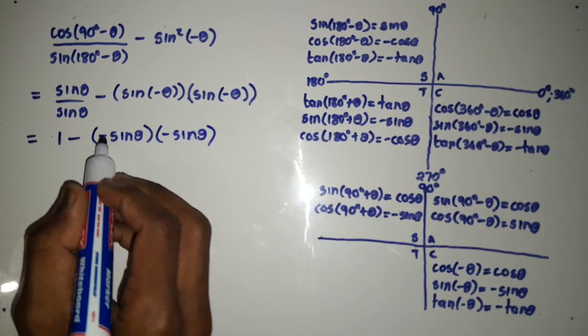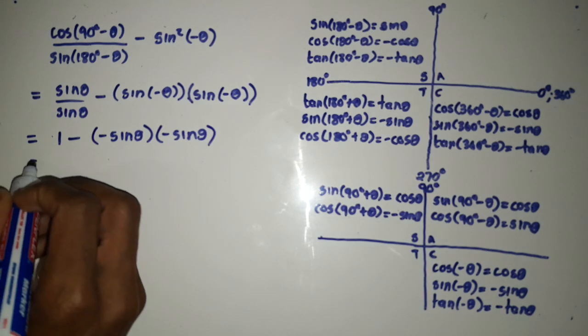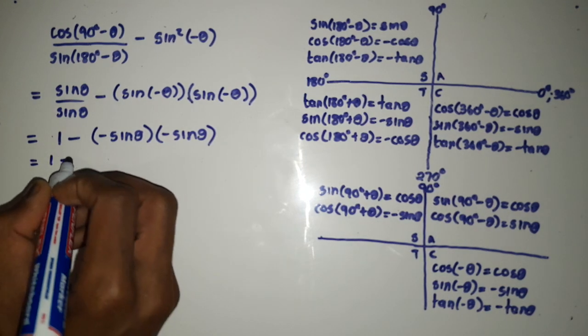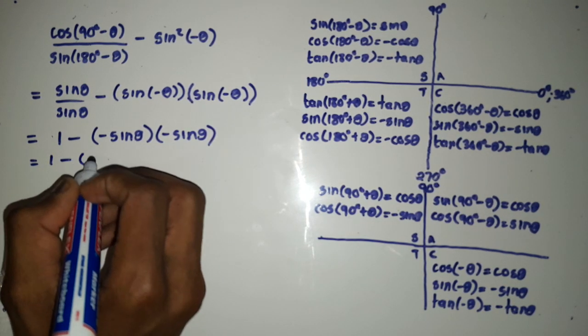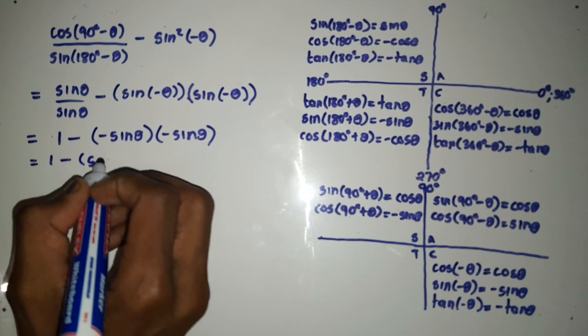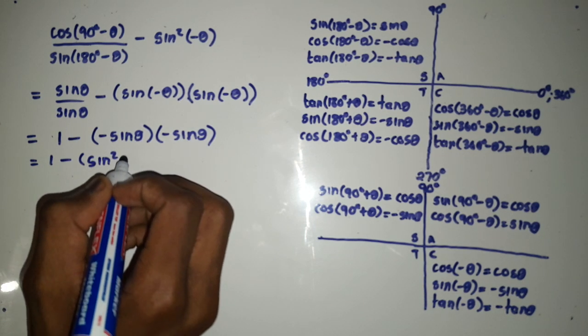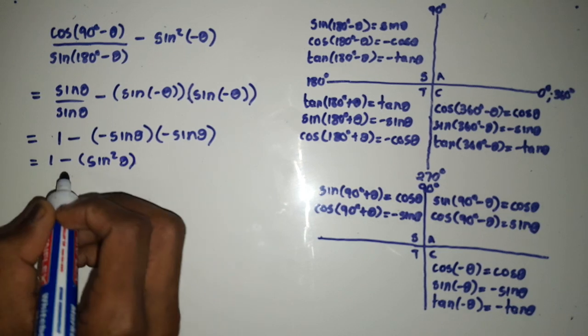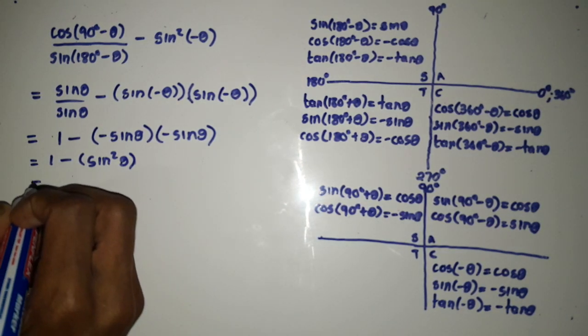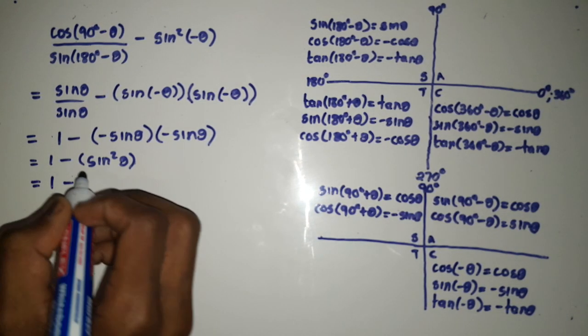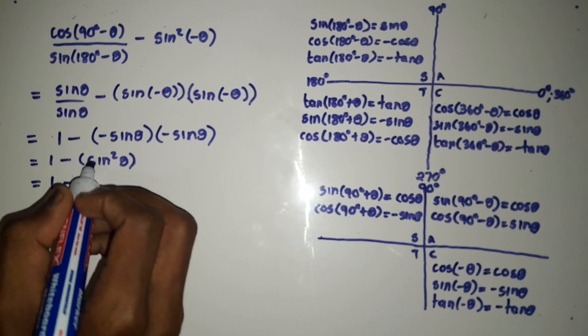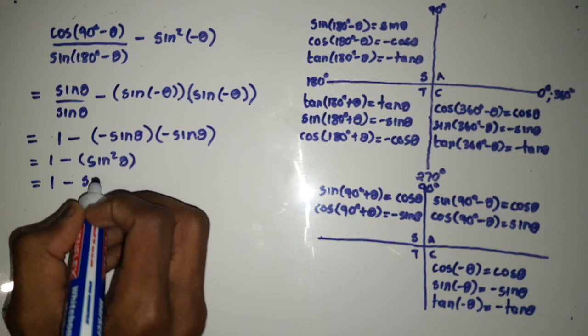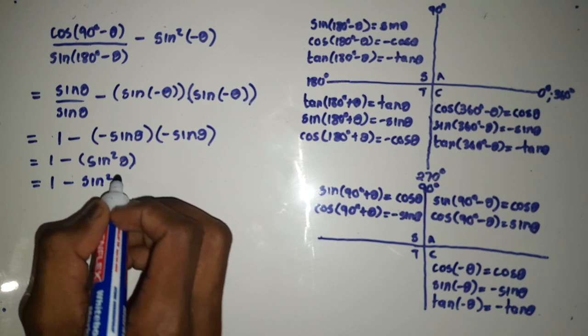Negative and negative give us positive sine squared theta. At the end of the day, we are going to get something like this. Now this negative multiplied by sine theta, like this.